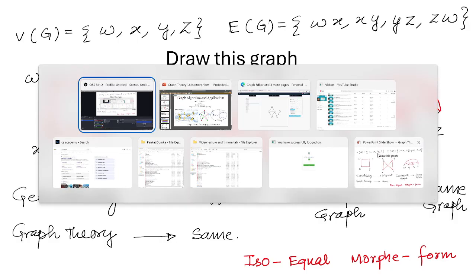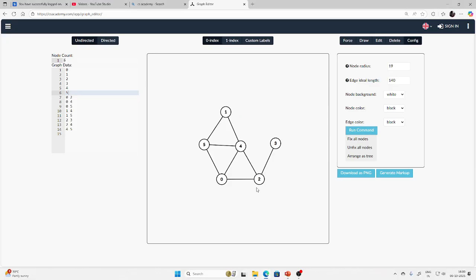Now if you look here, this is a CS Academy editor. So this is one graph. What I'll do is take this vertex and bring it inside. Is the graph different? No, it is the same graph. If I bring this here, is the graph different?